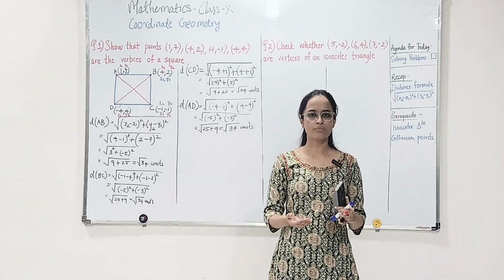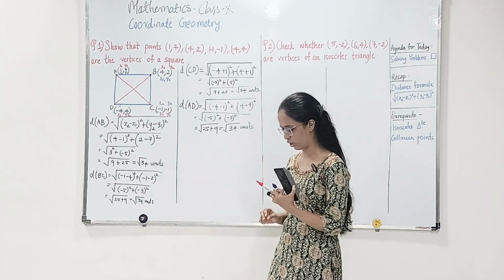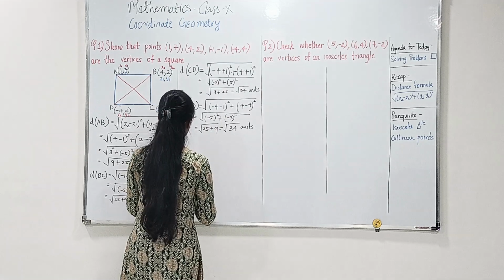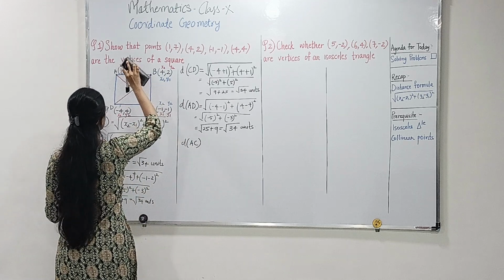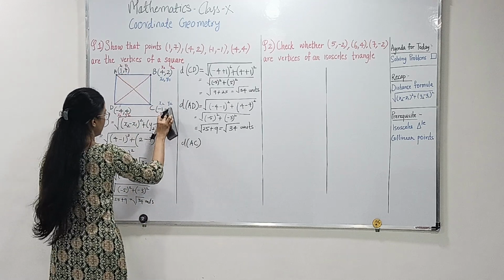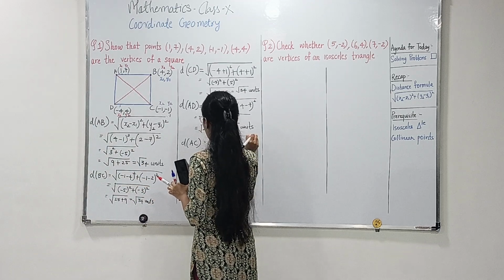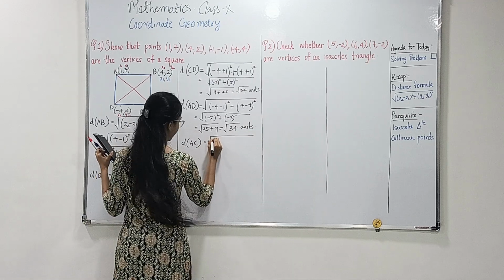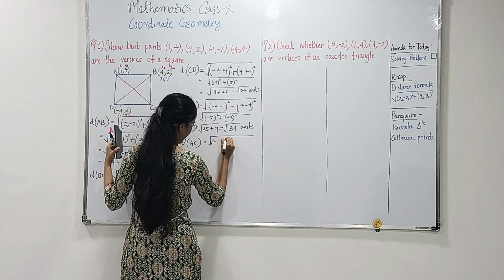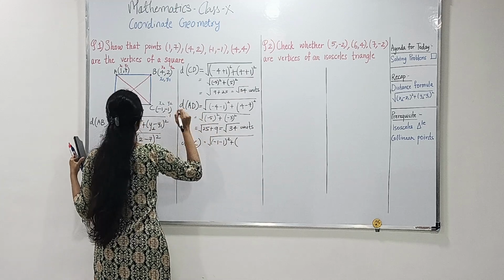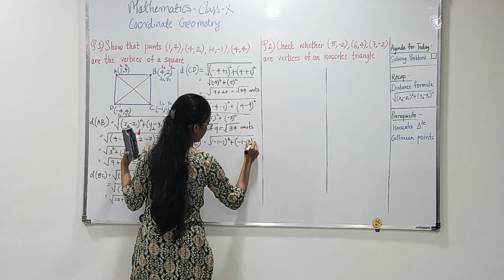Now we are going to move to the second part, wherein we are going to verify whether the length of the diagonals is also equal or not. So here you are going to calculate distance AC. Okay, so this would be x1, y1, and this would be x2, y2. So again, x2 minus x1, that's minus 1 the whole square plus y2 minus y1, which is minus 1 minus 7.